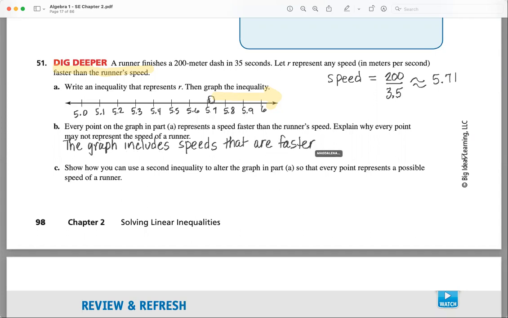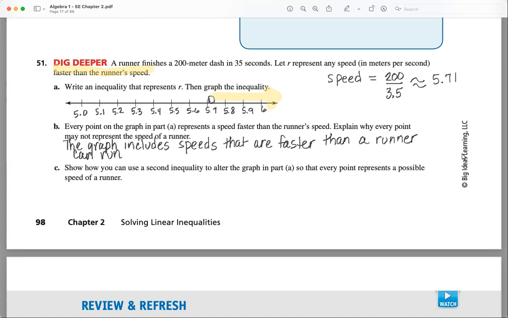It didn't say faster or equal to. So that's why it's greater than, faster than the runner can run.